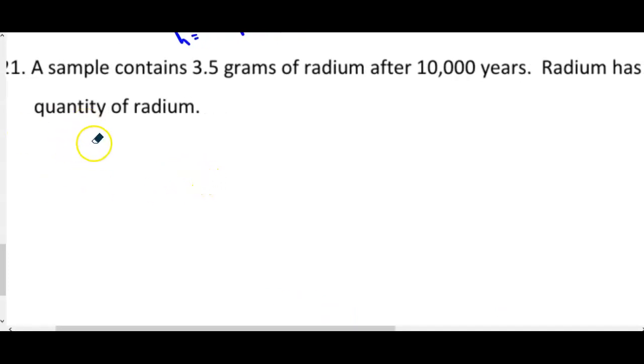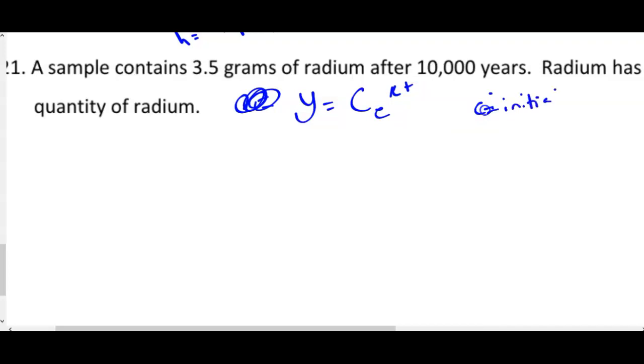So remember, we use this equation right here: y equals C e to the kt, where C is the initial value, which is what we're looking for in this case, k is your constant of proportionality, and t equals time.